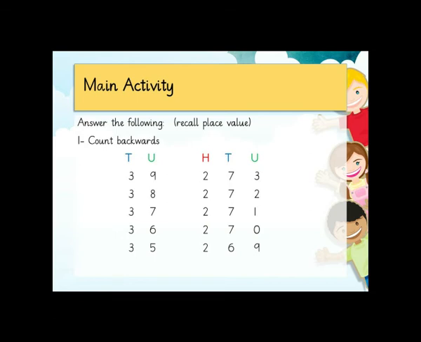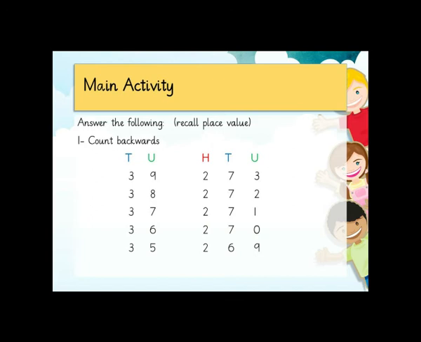First, we will start with the 2-digit numbers. 39. If we move backward, it comes 38, 37, 36 and then 35. If you observe carefully, the numbers are in decreasing order for units.